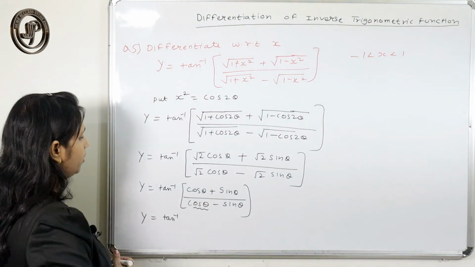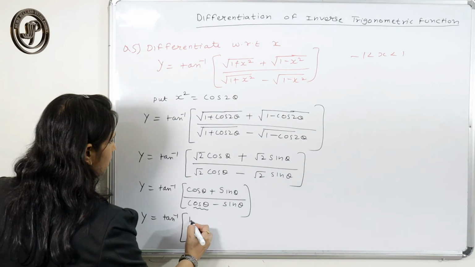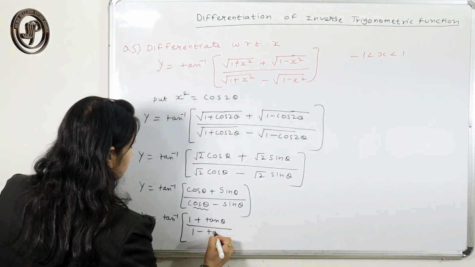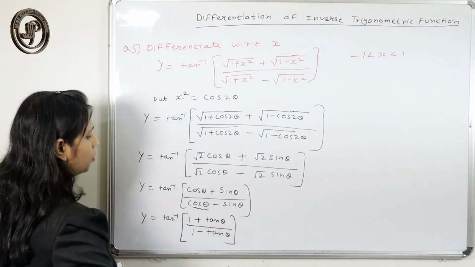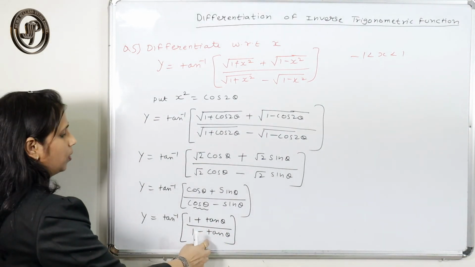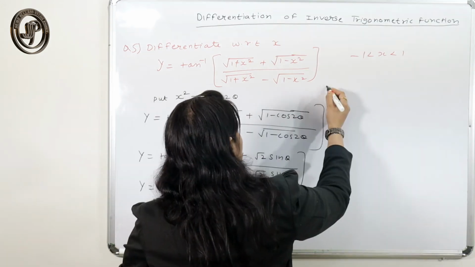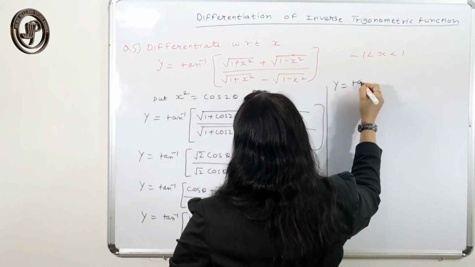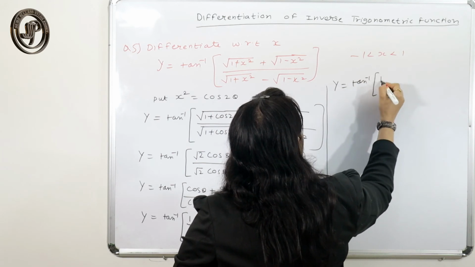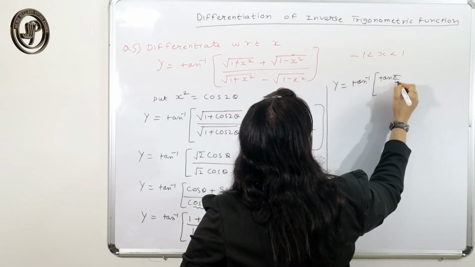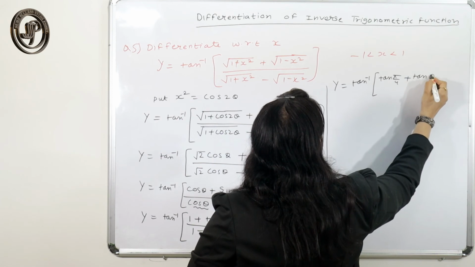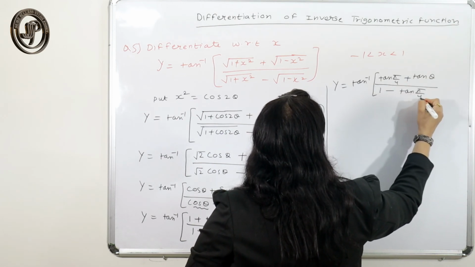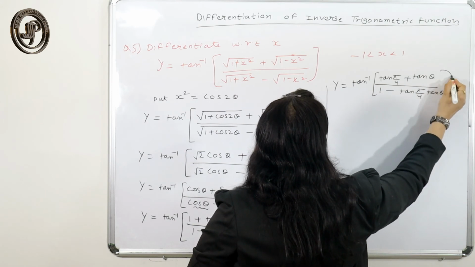So if I divide the numerator and denominator by cos theta, then I get 1 plus tan theta upon 1 minus tan theta. Now here I can write y is equal to tan inverse of tan pi by 4 plus tan theta upon 1 minus tan pi by 4 tan theta.